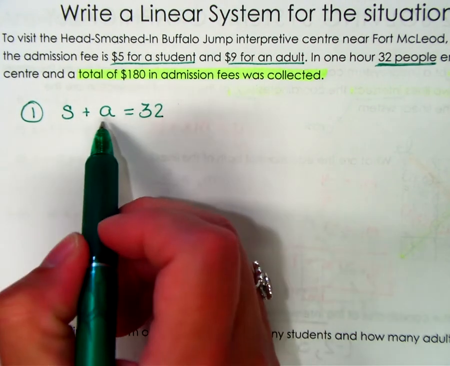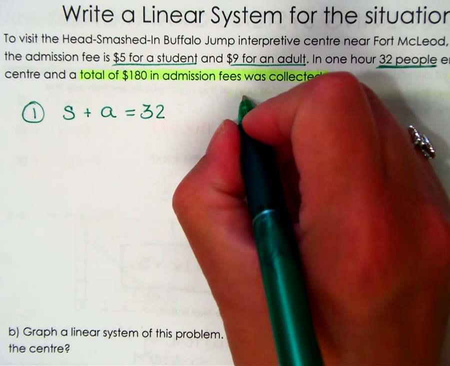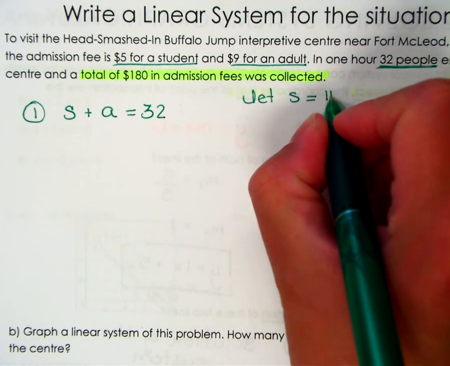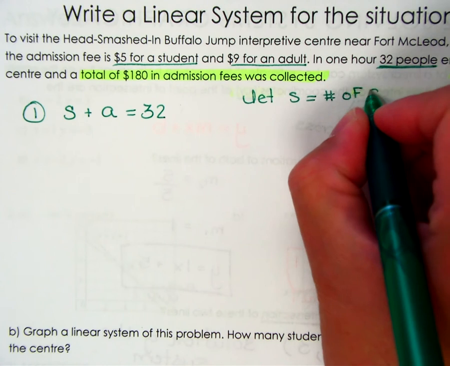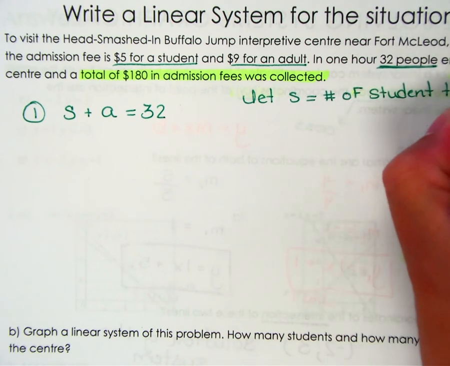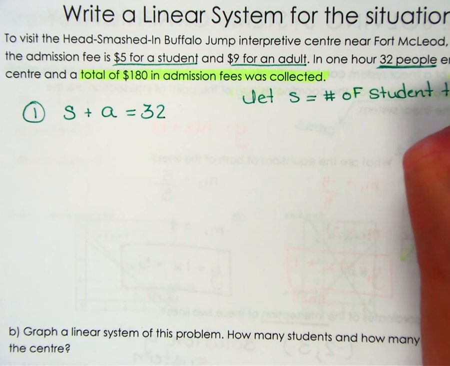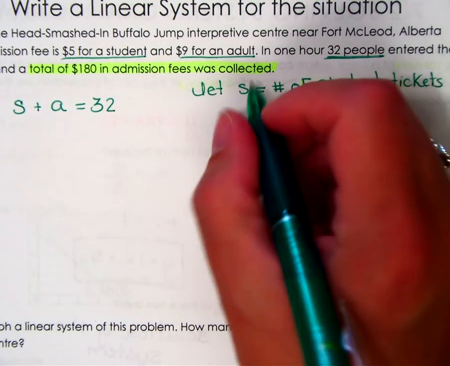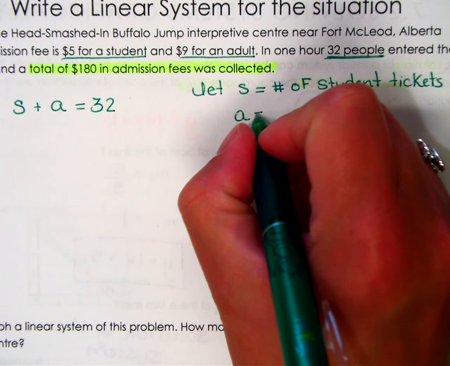But we need to define those variables. So we're going to say let S equal the number of student tickets. Sometimes it's easier to create the equations and then define the variables. Let S equal the number of student tickets. And what does A equal?